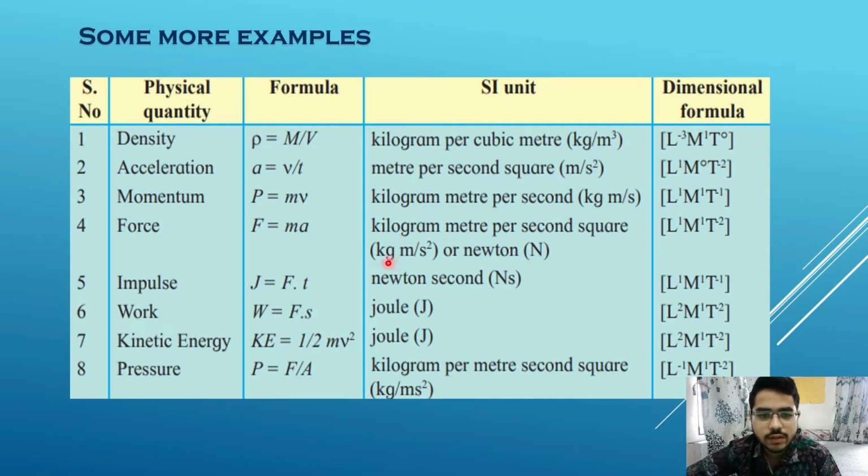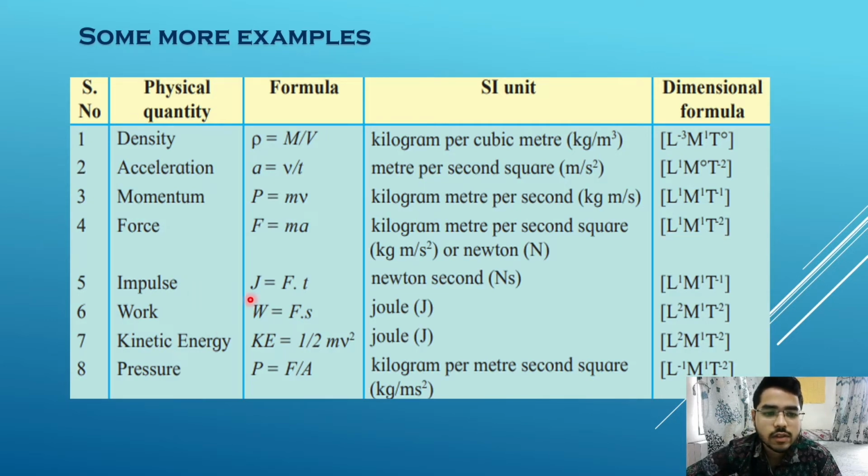That is given by kg meter per second square, or we can denote it by Newton. This is also an SI unit. We take this kg meter per second square as Newton for easy, convenient conversions. This has the dimensional formula of L1 M1 T raised to minus 2.